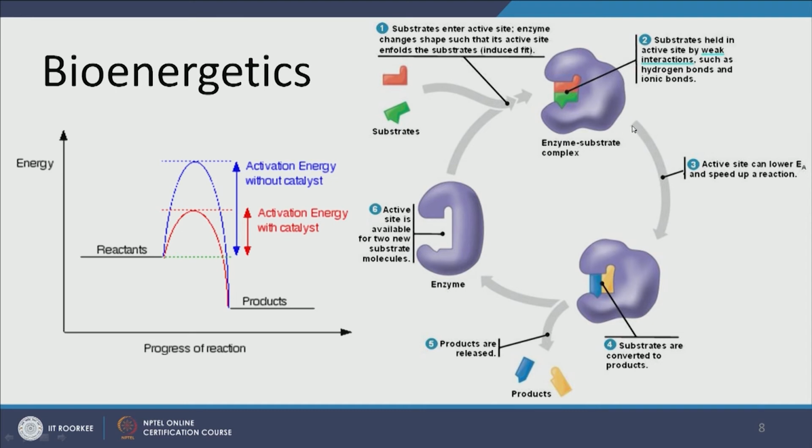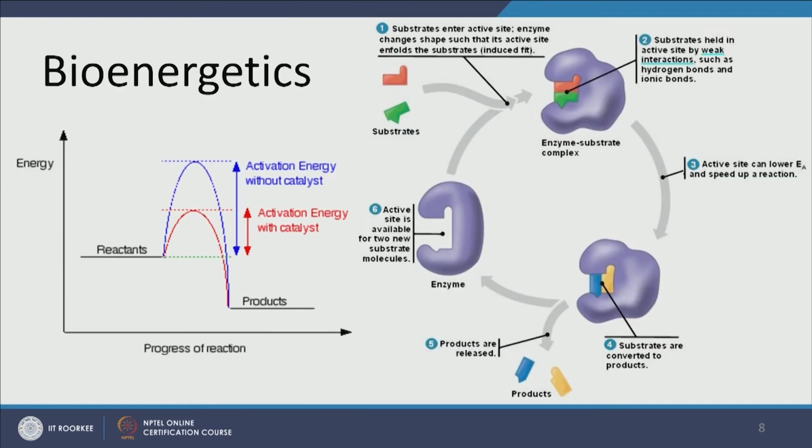This is by the way called the active site, where the substrates attach, the activation energy is lowered and then they are converted into products. So, what was A and B now is C and D, and once they have converted, the enzyme kicks them out, the products are released and the enzyme is ready to catalyze another reaction. This process goes on as long as it is important.